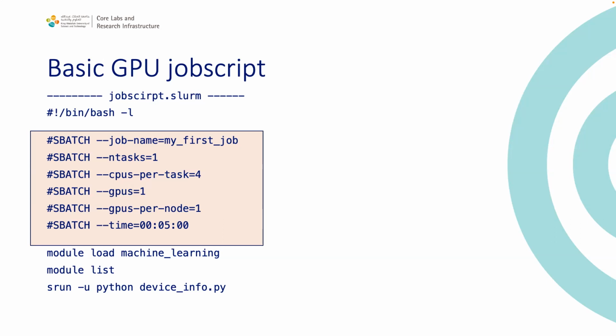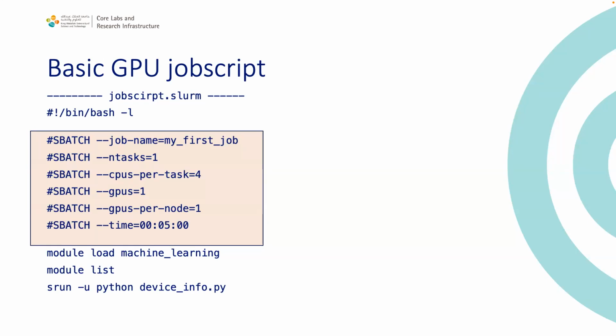In Shaheen, for example, you can go even further and specify that you want one socket and 16 CPUs doing this task and another task with the other socket. You can go very deep into what details you want. But the main ones are your job name, the number of tasks, and whether you want a GPU or not. This example has the GPU there.